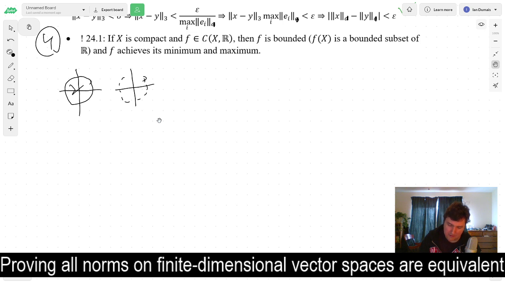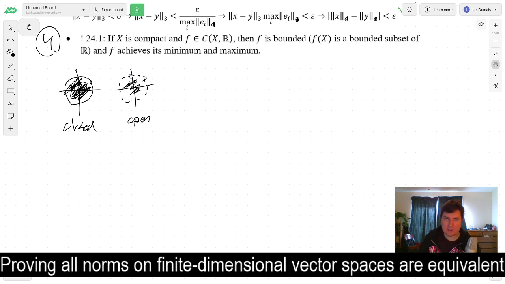If we have all the points inside this circle plus the boundary versus all the points inside this circle minus the boundary, this is a closed set because any sequence of points in the set is going to tend toward another point in the set. However, in this set, I could have a sequence of points heading toward the boundary, all the points being in the set, but the limit being on the boundary, which is not in the set. So this is closed. This is open.